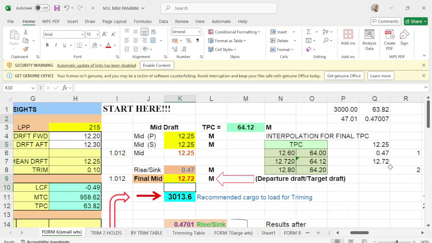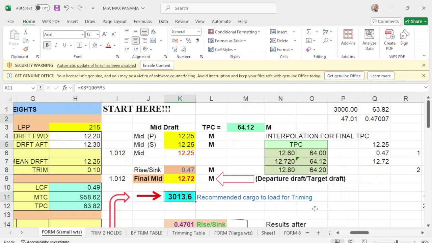Now, we have already computed our final departure draft, which is 12.72, which is this one. That will convert to this sinkage, which will be how much cargo. If you click this one, you will see the formula here.